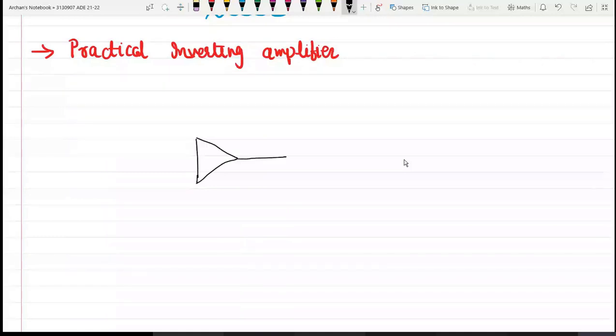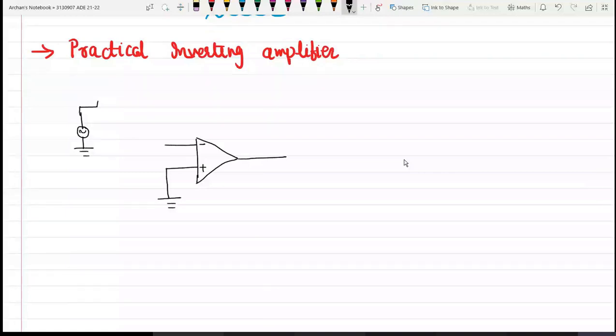So as this is an inverting amplifier, we will ground the non-inverting terminal, and to the inverting terminal we will provide some signal. Okay, it may be an AC signal, it may be a DC signal, but whatever signal we are providing, that signal will get amplified with respect to the output voltage.